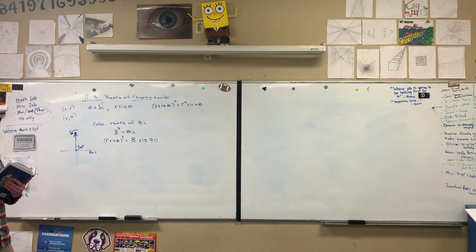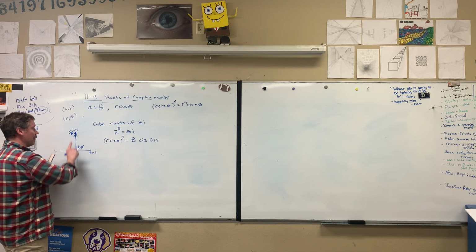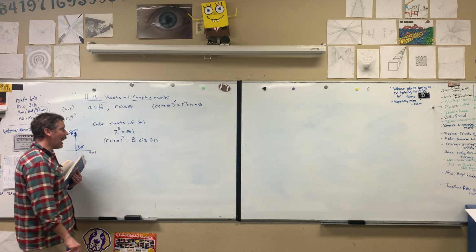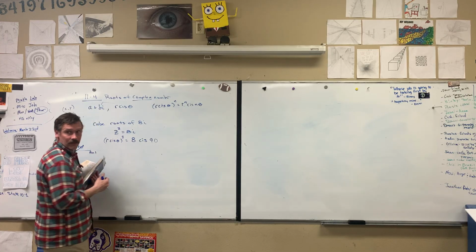Now, if you had to do a conversion, I know that was probably five days ago that we talked about conversions of this. How do you convert without just visually looking, 90 degrees up 8, 8 cis 90? How do you convert 8i from rectangular into polar?